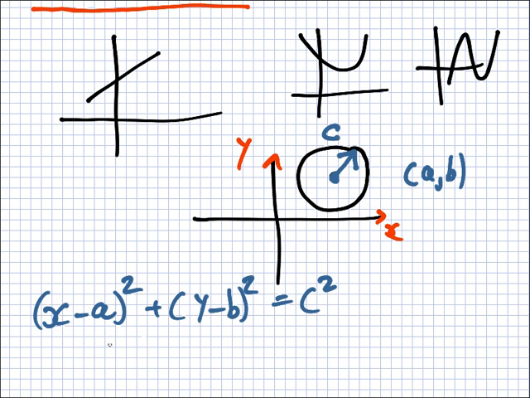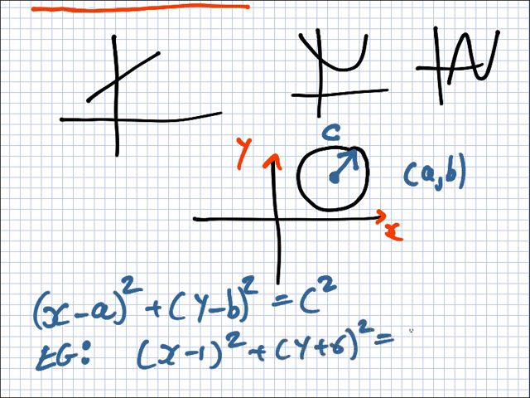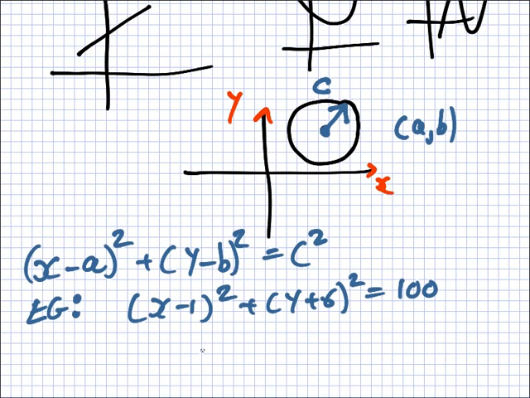C. For a little example, if I had x minus 1 squared plus y plus 6 squared equals, let's say, 100, where would be the center of that circle? (1, minus 6), very good. And its radius? 10, good.